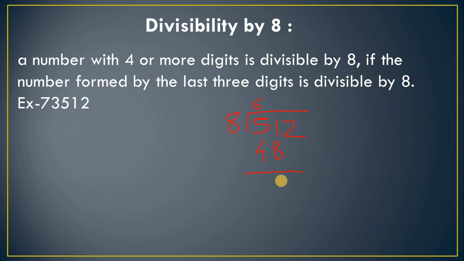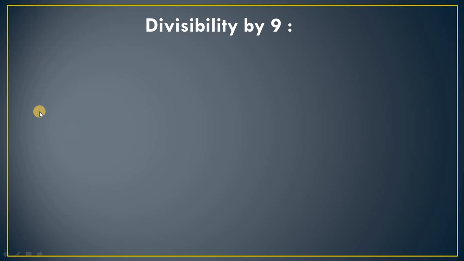Remainder will be 32. Then 8 into 4 is 32. So here the remainder will be 0. So our answer is 64, and these last 3 digits are divisible by 8. So it means the entire number is divisible by 8 also.